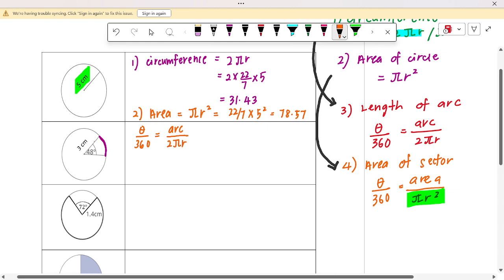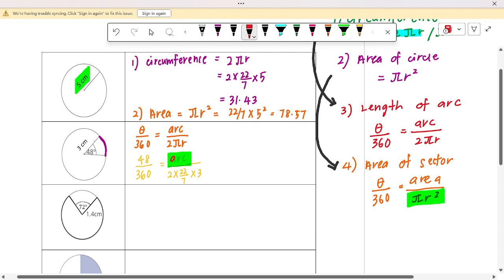The first thing is to write down your formula. Next, what's the angle given? The angle given is 48. So 48 over 360 is equivalent to arc, which we don't know, over 2 times 22 over 7 times your radius, which is 3. It's 3, not 3 squared. Once you have substituted into your formula, your work is to calculate the arc.